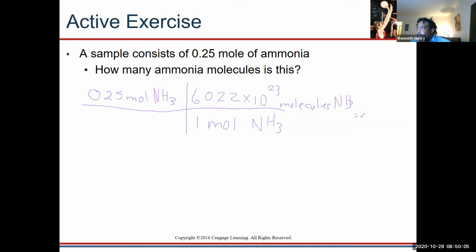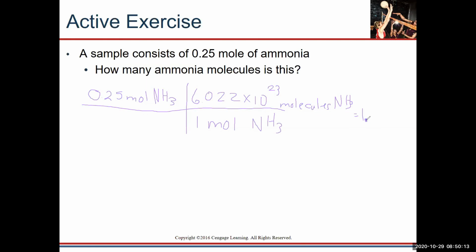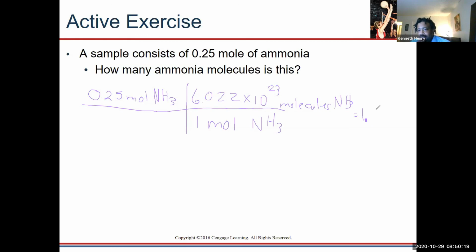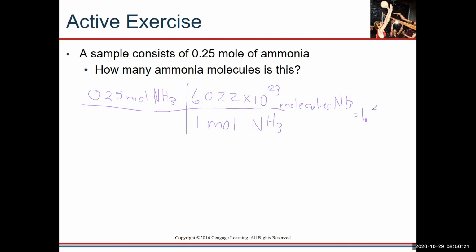Okay, so how many sig figs? We're multiplying, so we would want to keep the least amount, right? Okay, so that would be 2.